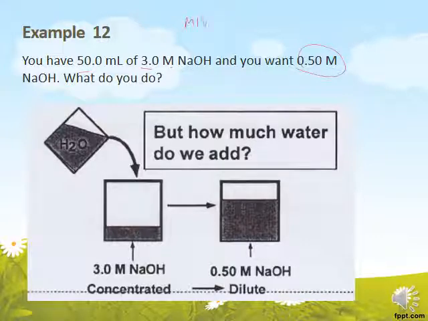Again M1V1 = M2V2. So 3, 50, here 0.5, V2. So what is V2?